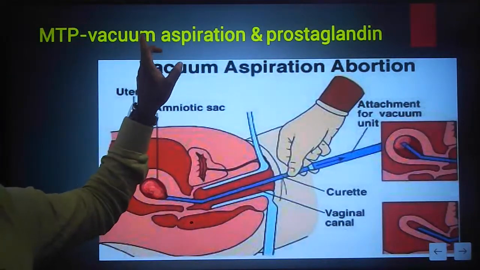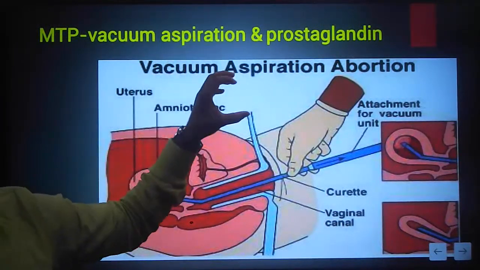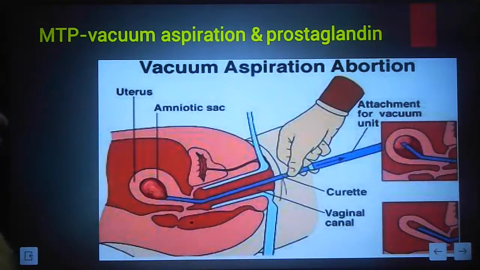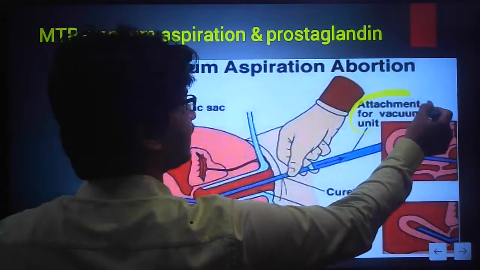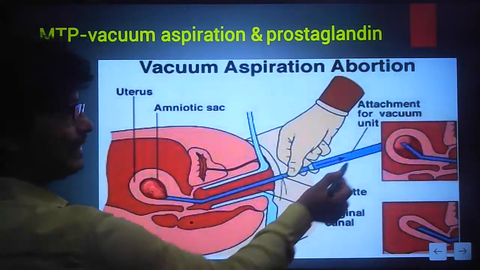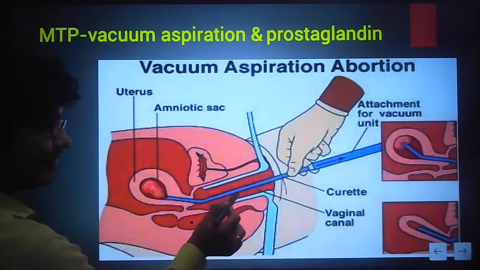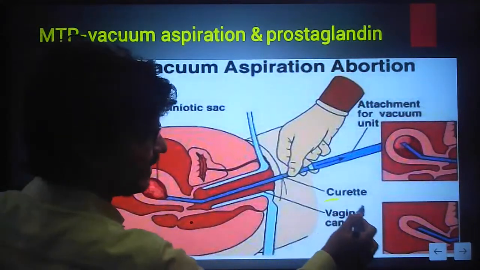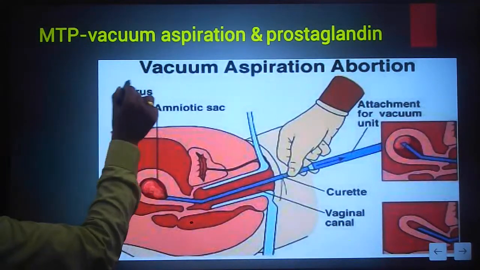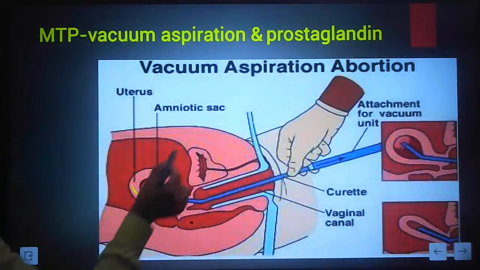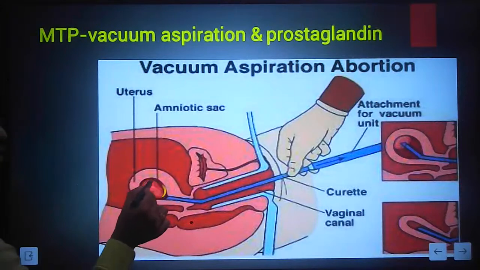So up to 12 weeks of pregnancy they do it, and the implanted ovum is removed. Here you could see the attachment of the vacuum unit and the tube-like structure. This is the curette, and this canal passes into the vagina. This is the vaginal canal, and inside you could see the uterus, the amniotic sac, and the implanted ovum.